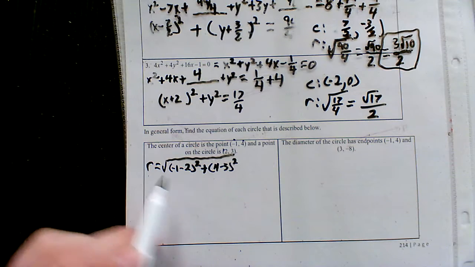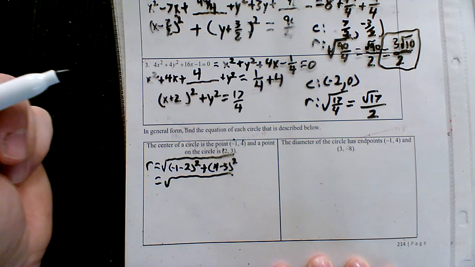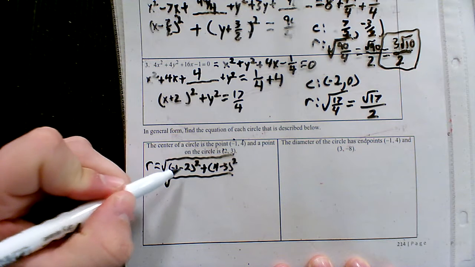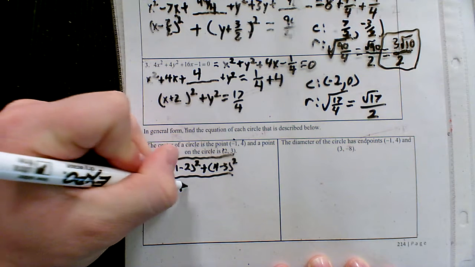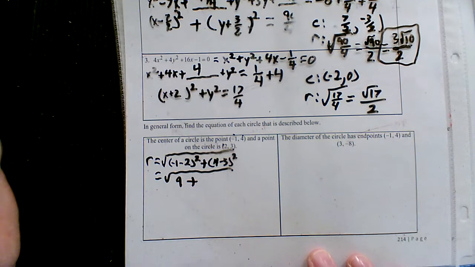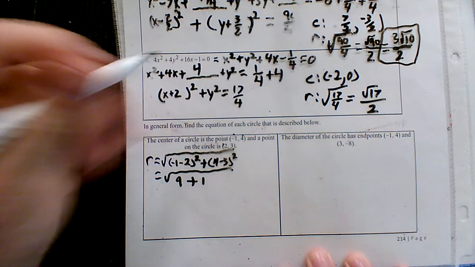And now we just reduce and try to solve it. So we get -1 minus 2, you get 3. 3 squared is 9. 4 minus 3 is 1. 1 squared, you get 1.